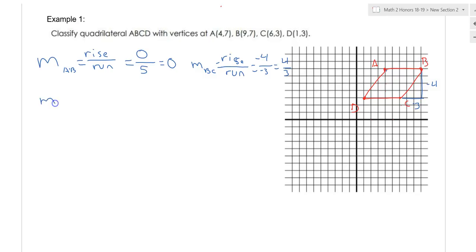Then the slope of CD, again rise over run. I'm not going up or down at all, and I'm going over 5. And then B to A: up 4, over 3.